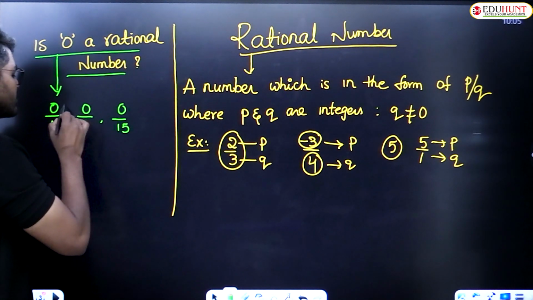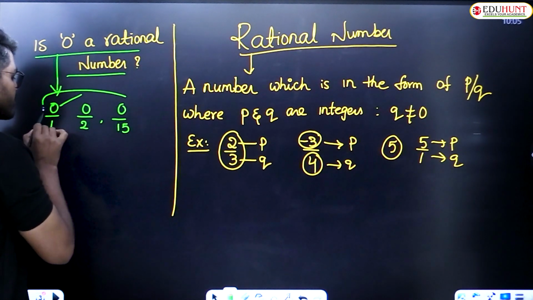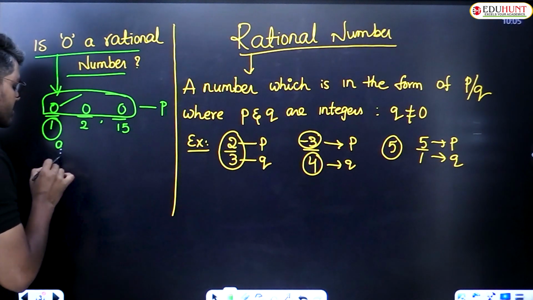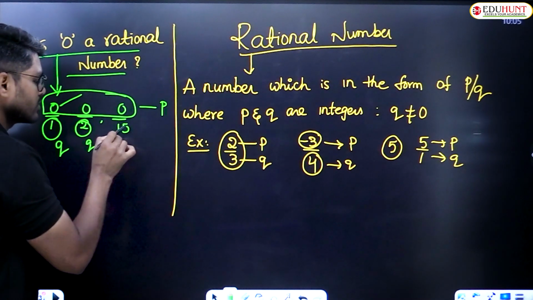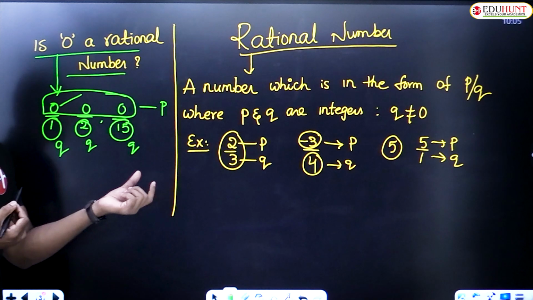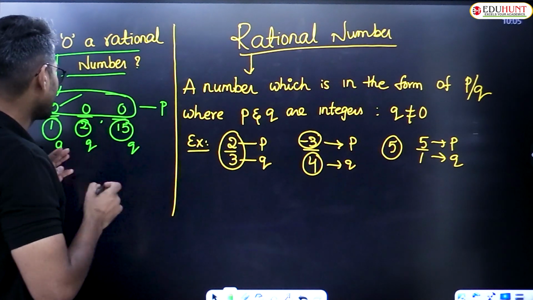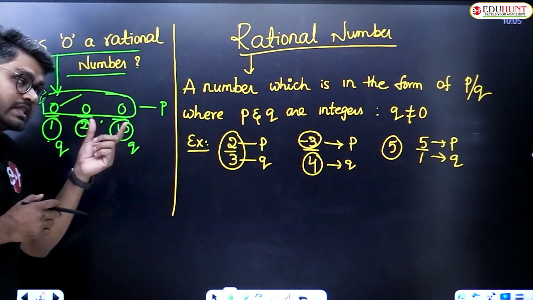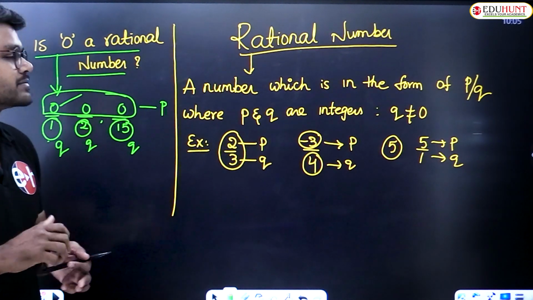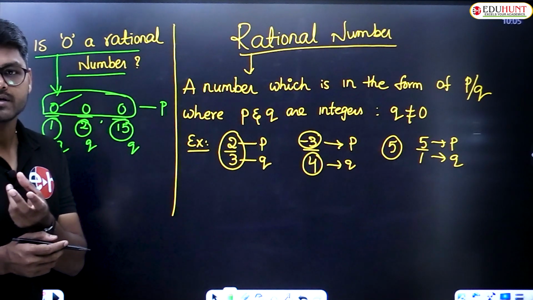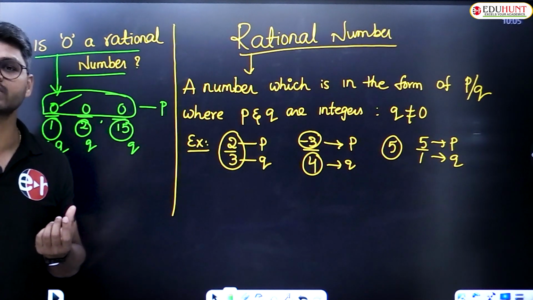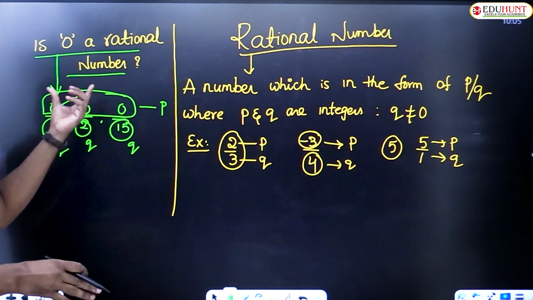Here p value is 0. q value is here 1, here 2, here 15, where q is not equal to 0. So therefore we can conclude that 0 is a rational number. Whenever anybody asks you the question, is 0 a rational number, you can say that 0 is a rational number and you can give the explanation like this.